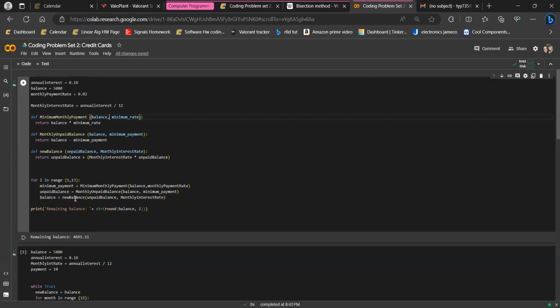We're saying balance is equal to new balance, unpaid balance, monthly interest rate. We go here and we see that it is unpaid balance plus the product of the interest rate and the unpaid balance. So it's just like adding on interest to what you have, and then we see that we get 4,691.11.